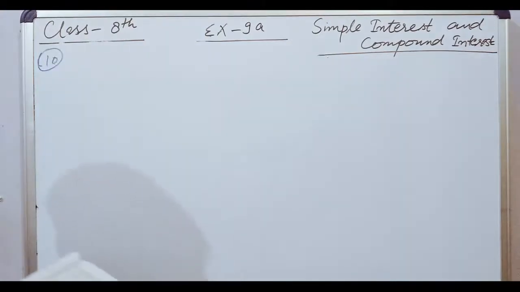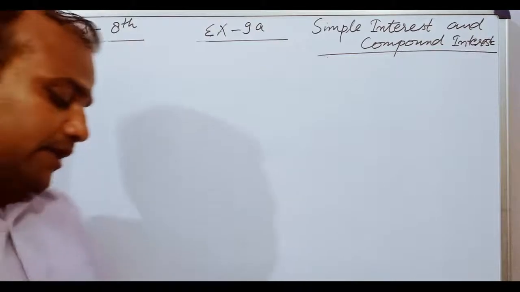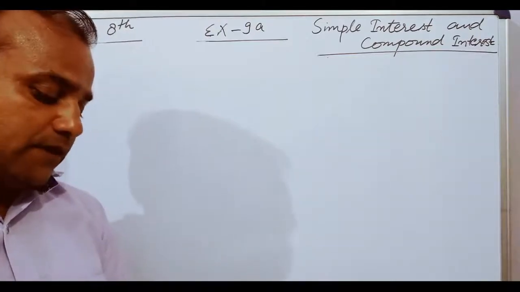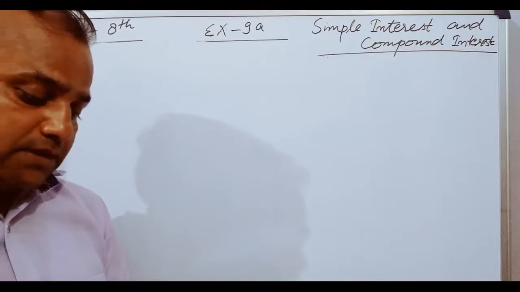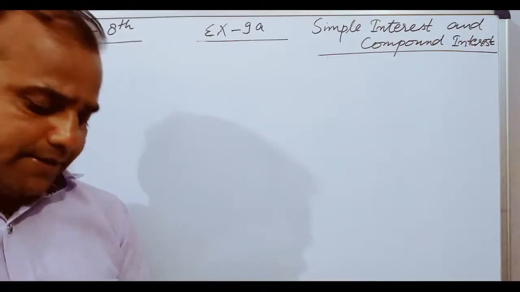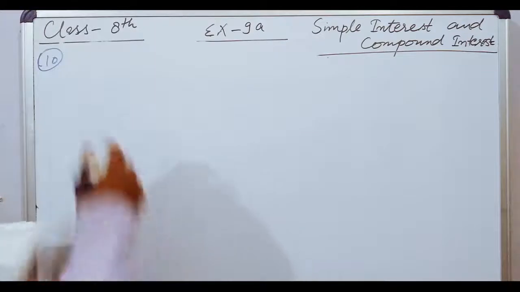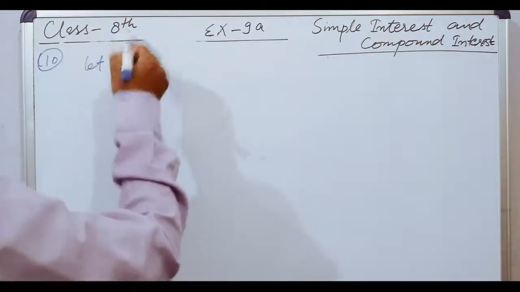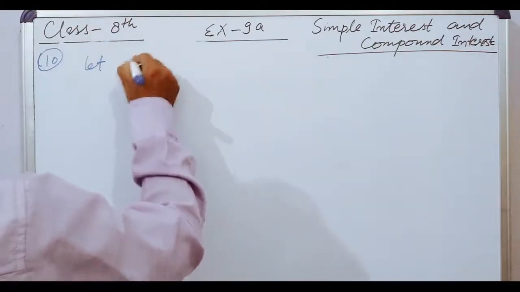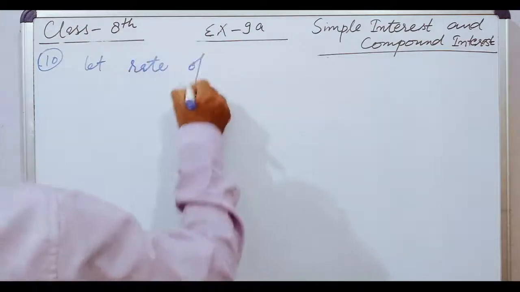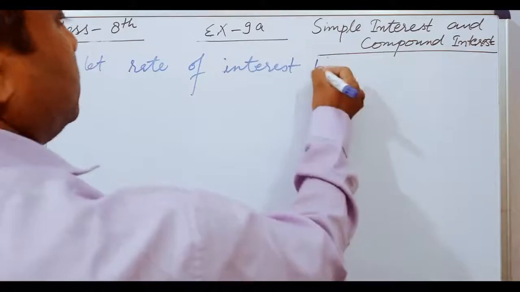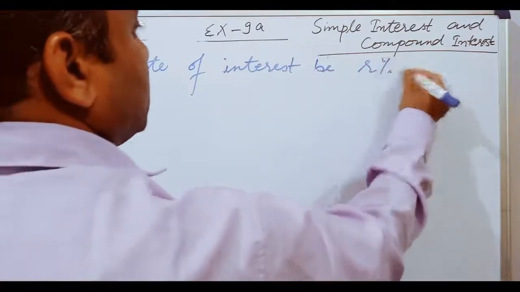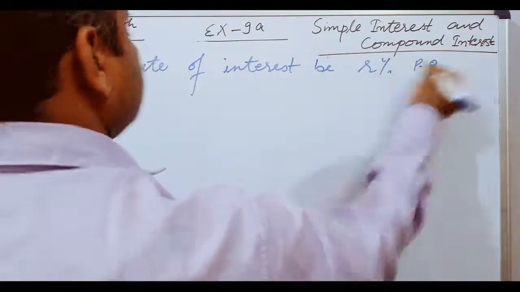Now question number 10. Simple interest on a certain sum is 16 upon 25 of the sum. Find the time in years if the rate percent and time are equal. Let the rate of interest be r% per annum.